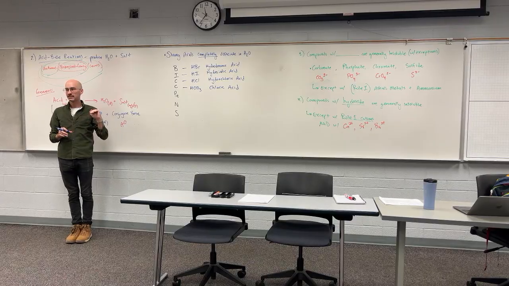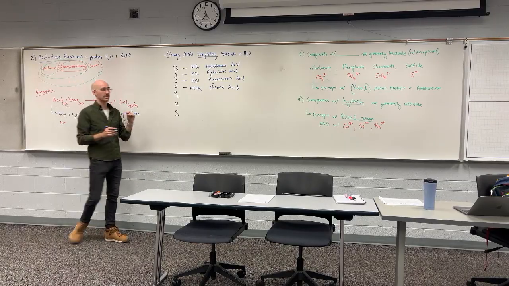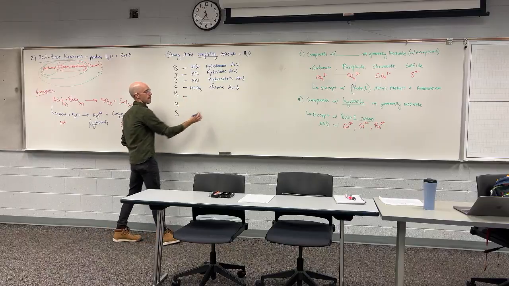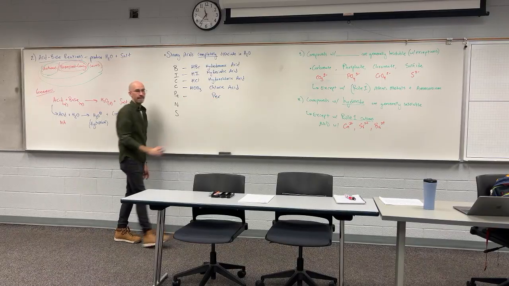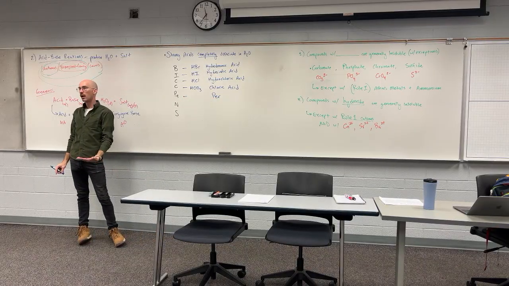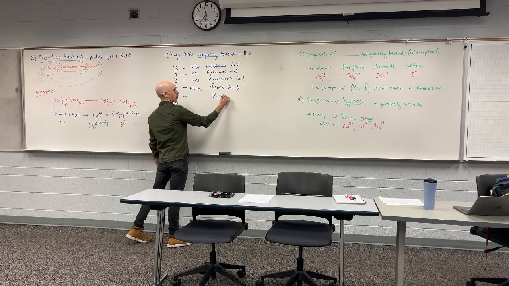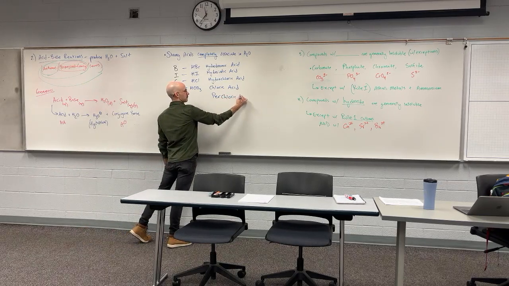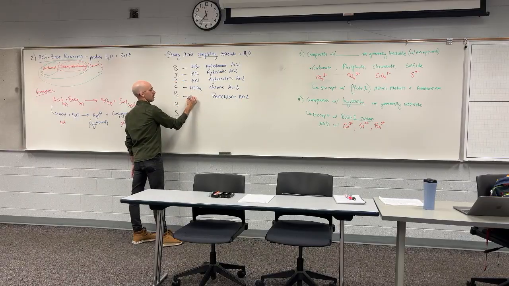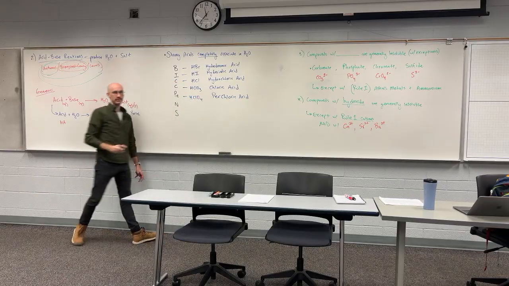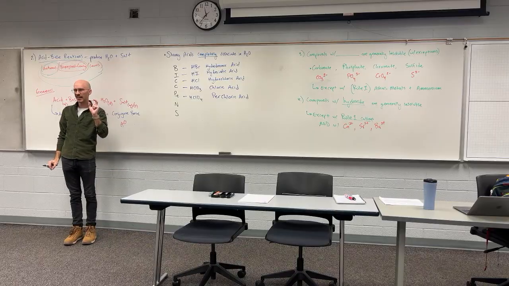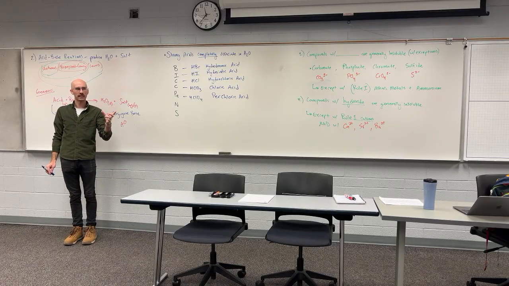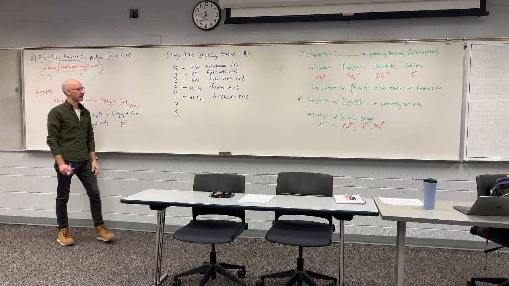PE. Any guesses? It's one of our per ions. Perchloric acid, HClO4. Do you see how that PE actually helps remind you that you're going to have a per acid in there? A peroxy acid? Perchloric.